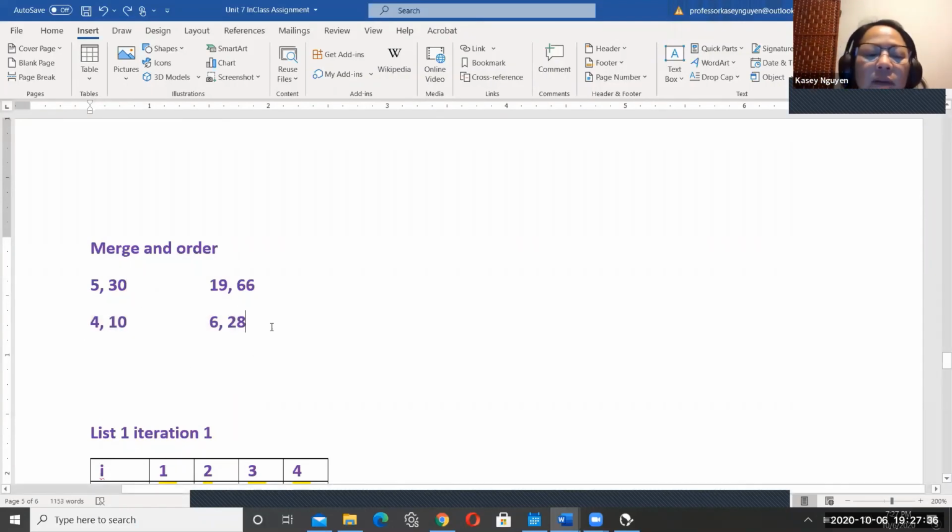So as the result, we would get that merge sort gives you quicker or better performance. We would be more efficient using merge sort.